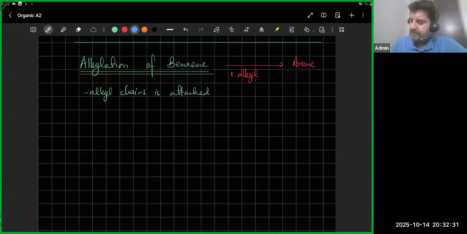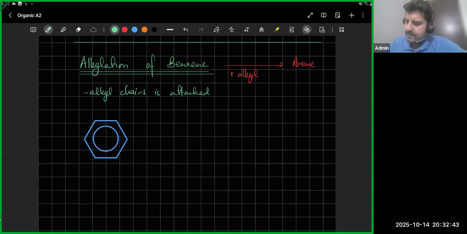You've got a benzene, here is the ring, and let's say there's a halogenoalkane. Normally, it's going to be a chloroalkane.